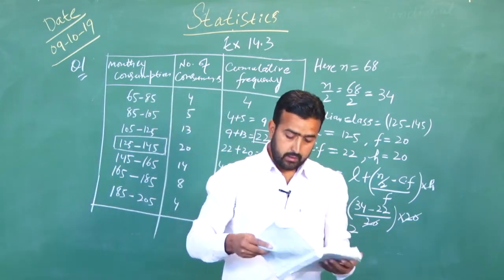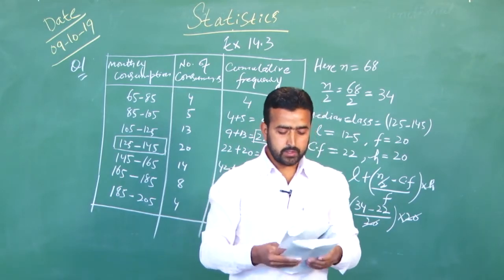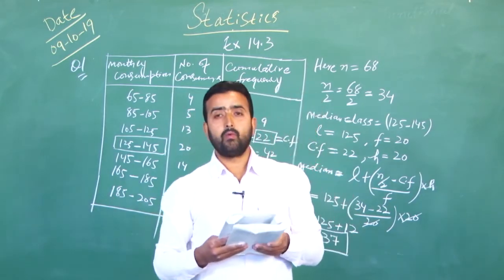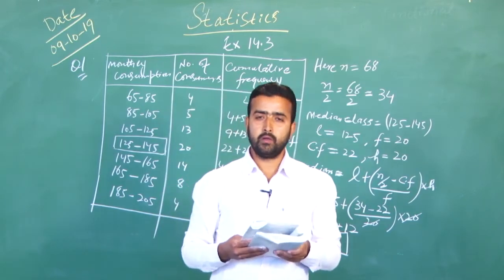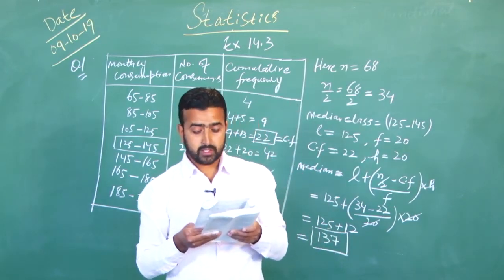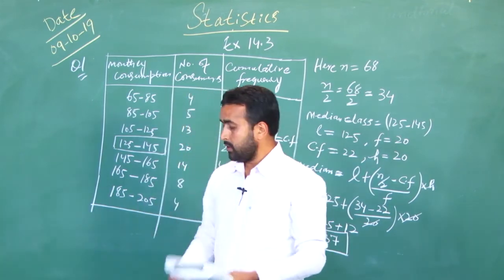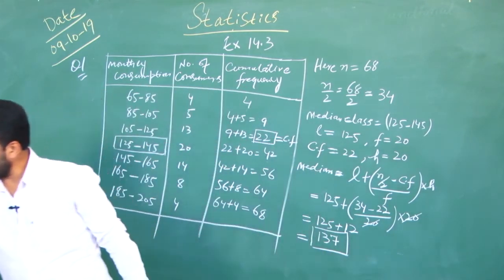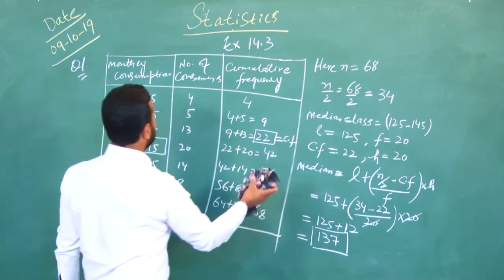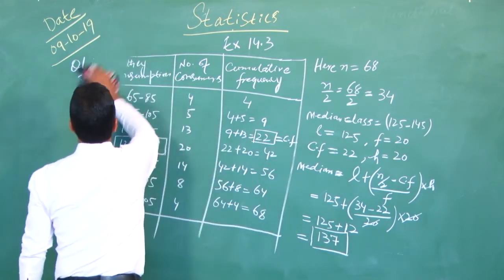The frequency distributions in which we are supposed to find the missing frequencies, we are going to discuss next. That is also one of the important examples of our textbook, to be discussed next.